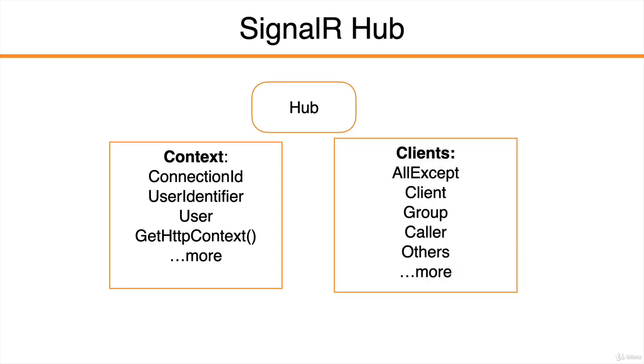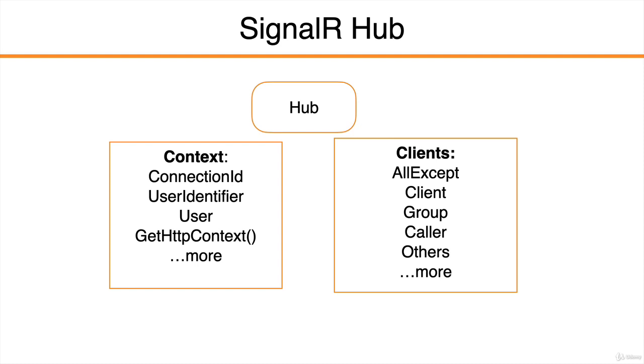Also, we have access to a clients object, and this gives us access to the clients themselves, and we can access the group the client's connected to, the caller, the user that actually sent the request to the server or connected to the hub connection, and others, everybody except the caller.